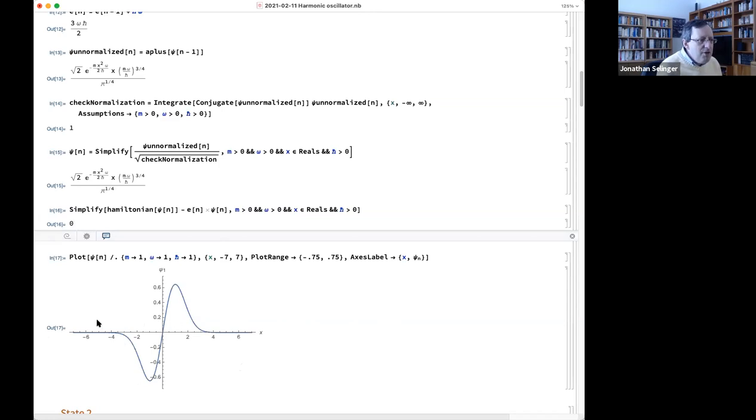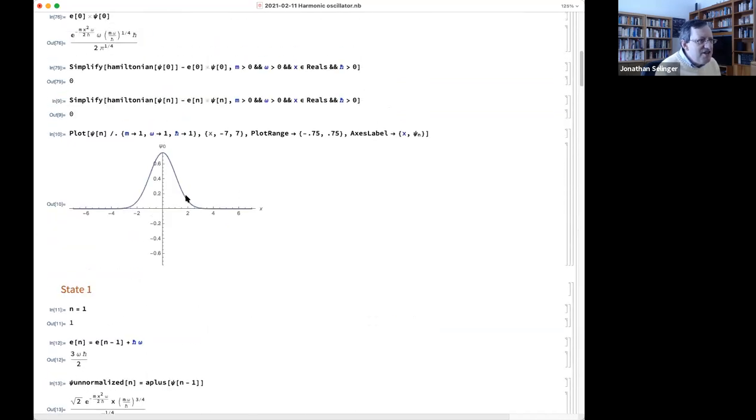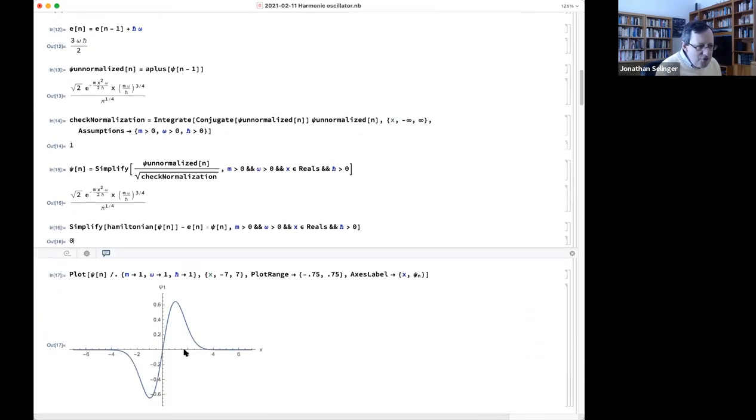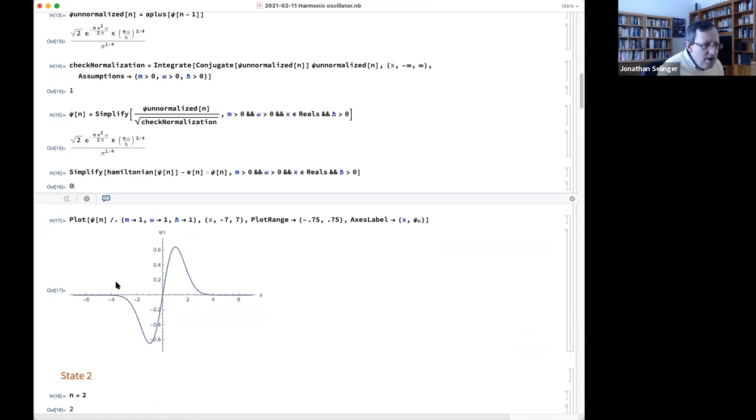And also you can see that the wave function is pushing a little bit farther away from zero in this case than it was in this case. This is mostly concentrated around zero. This is a little farther from zero. So this one has more potential energy as well as having more kinetic energy.